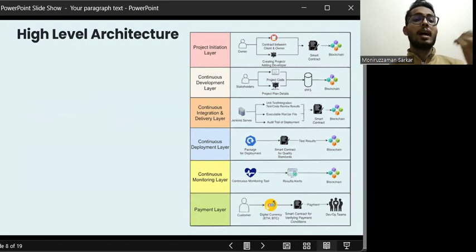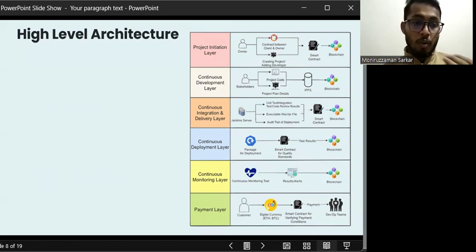So here is the high-level architecture of the proposed methodology. It contains several layers. The first layer is project initiation, where the project is initiated. The second layer is the continuous development layer, where the team from different locations develops the project.